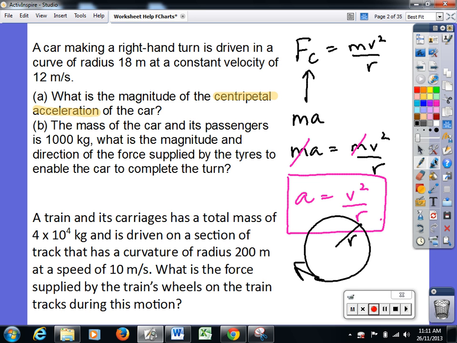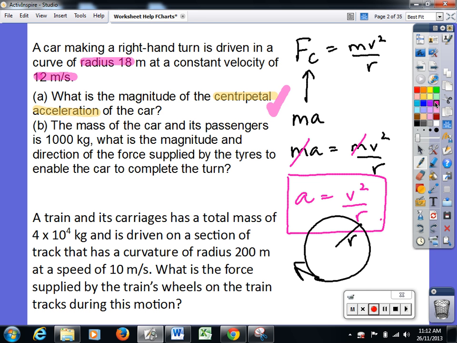So just checking through what the data is saying, we've got a radius of 18 here and we have the tangential velocity of 12. So in a few more moments when you pause the video to attempt this question, we can work out the centripetal acceleration. And the second part was actually trying to find the magnitude and direction of the force.